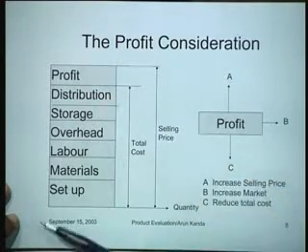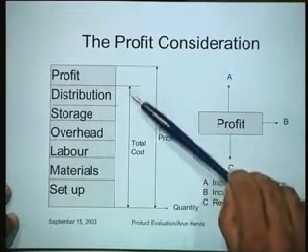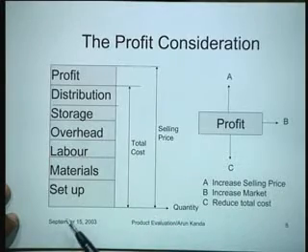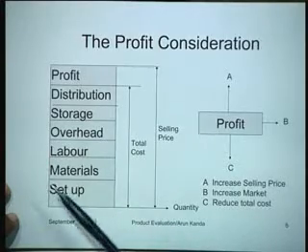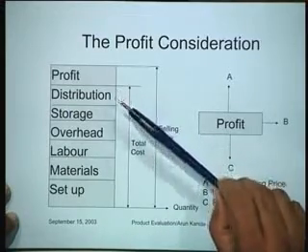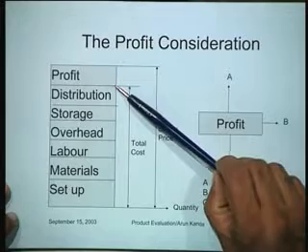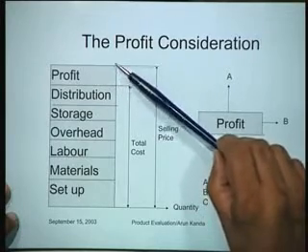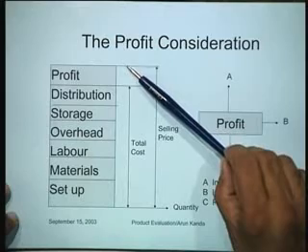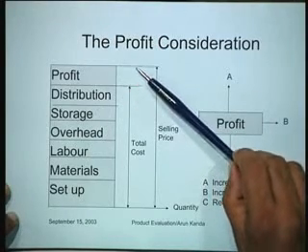So these are the various layers which are there, and so this total cost up to here is the total cost of the product. Assuming for the time being that I am plotting quantity on this side and cost or profit on this axis, if this is my selling price for the product that I am trying to sell, the difference between the selling price and the total cost will in fact give me the profit margin per piece.